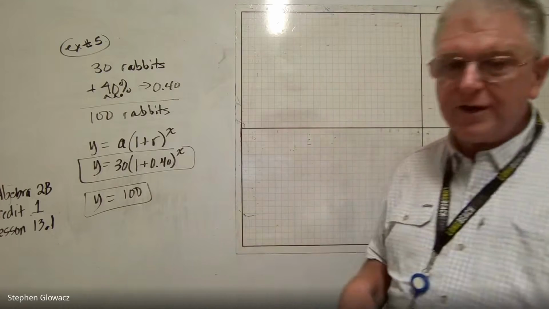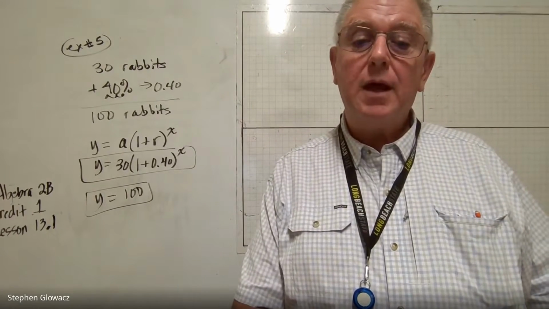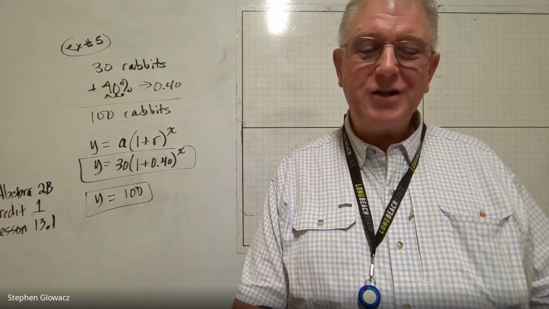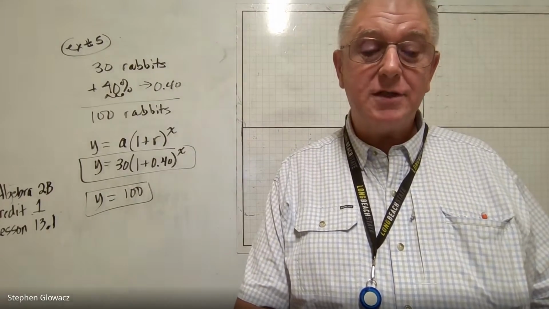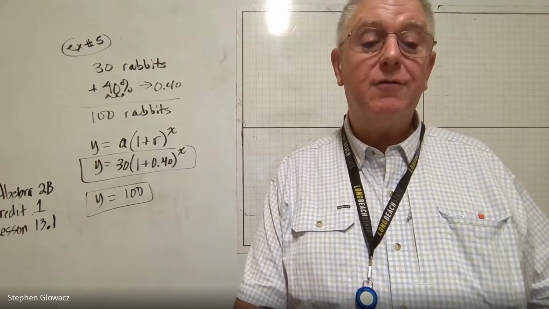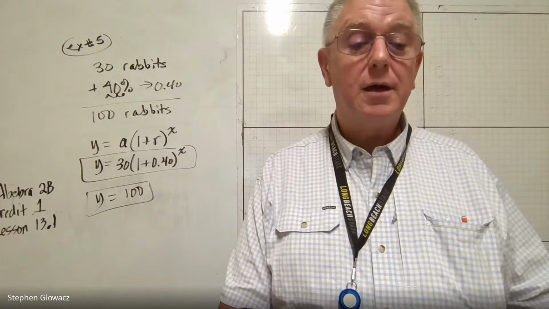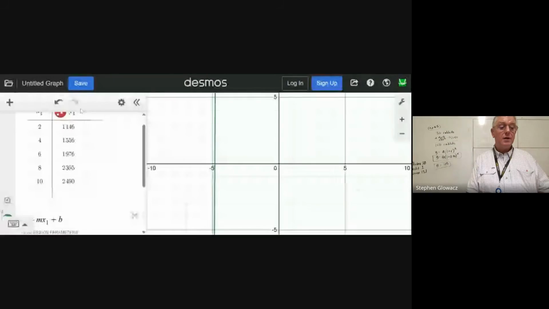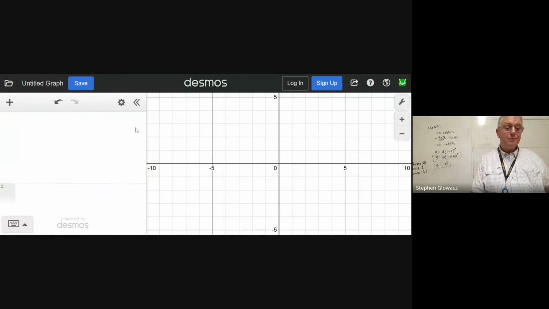All right, so now we're going to take those equations, I guess we should say, and type those into Desmos. So let's go ahead and do that. And we'll share the screen here for Desmos. All right, so here we go.